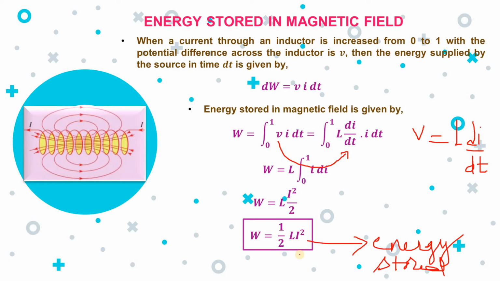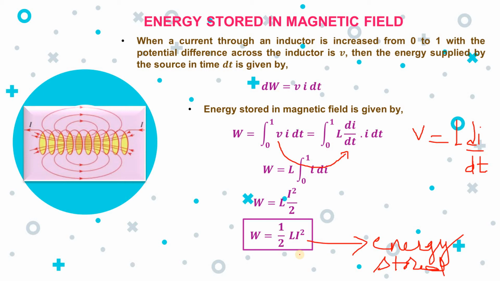So I repeat once again, it is a very simple expression. The energy stored is the energy supplied by the source with respect to time, given by dW equals VI dt. Now you need to find W. Assume the current through an inductor is increased from 0 to I. Therefore, the integral from 0 to I of VI dt.